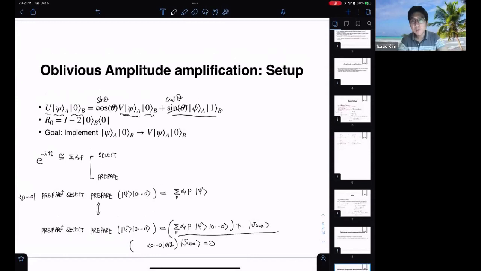So oblivious amplitude amplification was a technique that was developed to somehow boost this operation to an actual one with a probability that is arbitrarily close to 1.